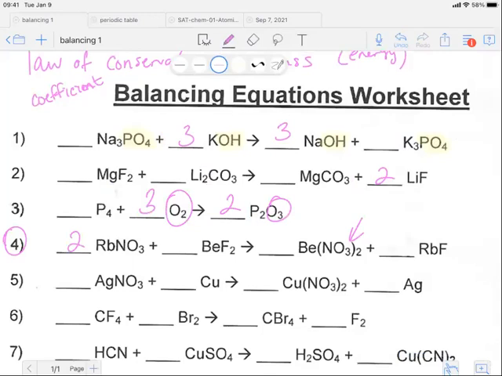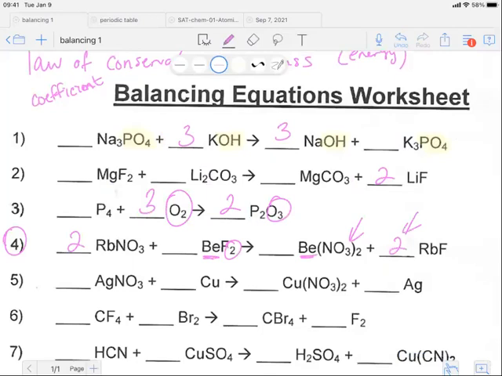But now I've made it so that there's 2 Rb. So I go to the right side to RbF and I put a 2. This 2 makes my F equal to 2, which matches with this, and then Be is 1.